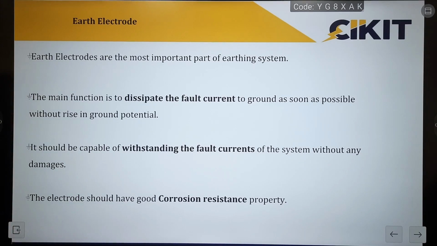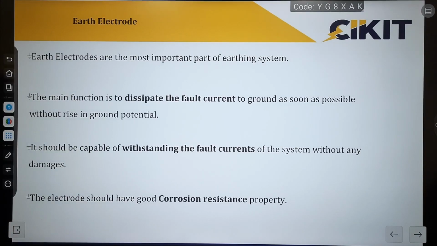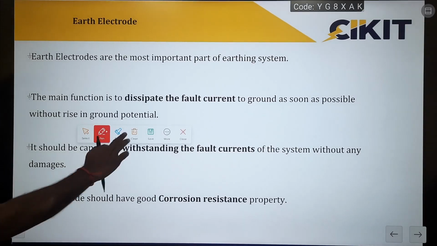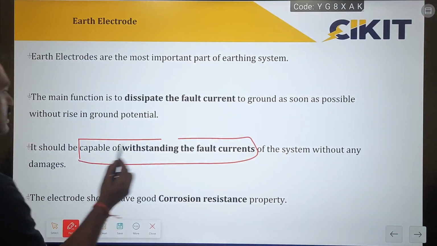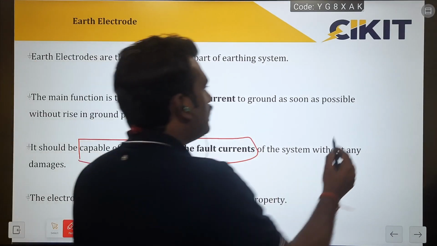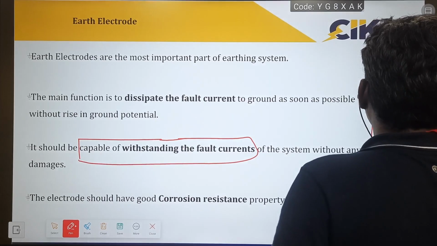So if you consider this earth electrode, the most important point is it should be able to withstand the fault current without any damage. If I take this pipe earth electrode as an example, it will have a terminal as well.